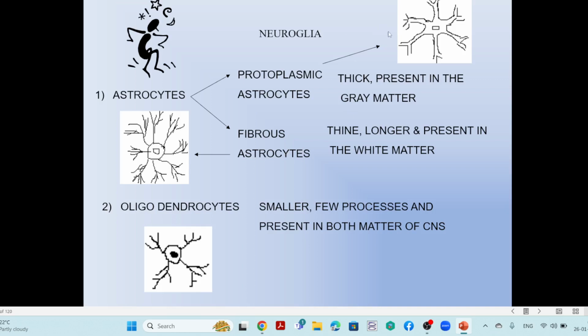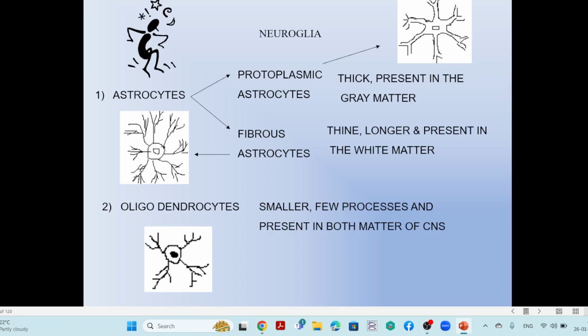In the protoplasmic astrocytes, there are thick processes, present particularly in the grey matter. The processes are thicker, and they are located in the grey matter of the central system, in the brain and spinal cord. The fibrous astrocytes are thin and longer, and are present in the white matter of the brain as well as the spinal cord.